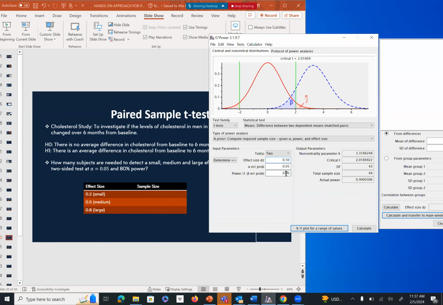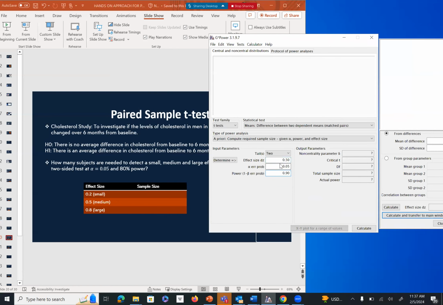So we have 80% power. Let's say we have a small difference. So we're pretty much saying that there was a small difference observed in the average cholesterol levels in the participants who were in this study. Their cholesterol levels changed, or rather there was a small difference between their post and pre average cholesterol levels.